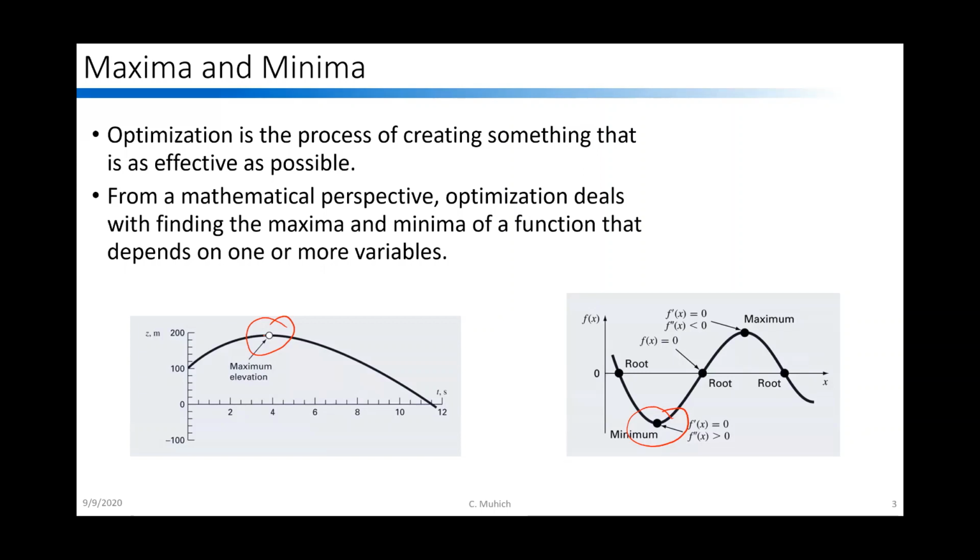Once again, this is going to be particularly important when we're looking for processes or situations that are as effective as possible, or where an event is most likely to occur, or something is least likely to occur. And so optimization mathematically is finding where that function is a maximum or a minimum.